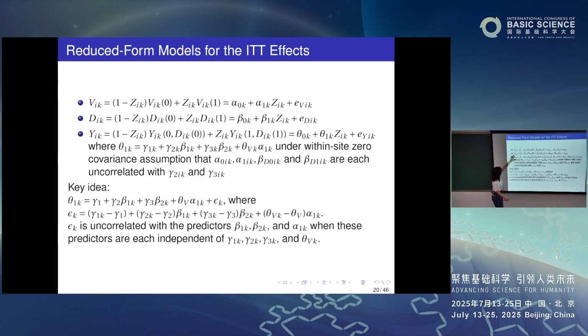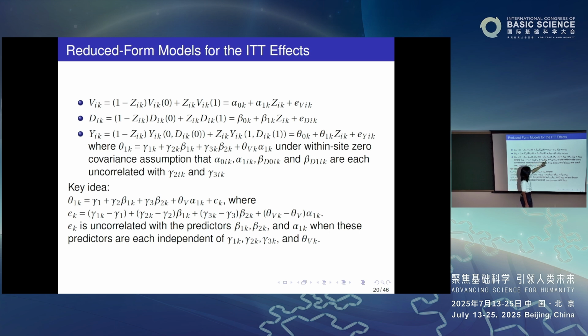And similarly, you do the analysis for D and for Y, and alpha 1K, beta 1K, theta 1K is a site level causal effect of Z on V, D, Y respectively. And what is theta 1K? You realize there are some relationships among those parameters. Theta 1K equals gamma 1K plus gamma 2K times beta 1K plus gamma 3K times beta 2K.